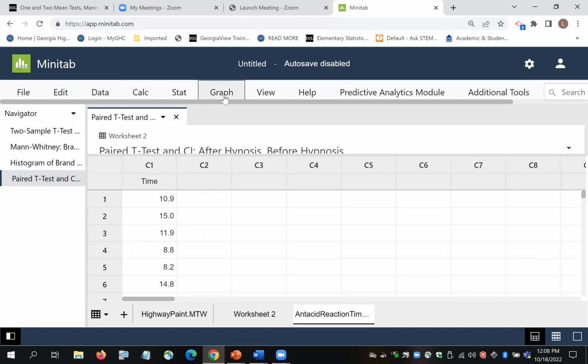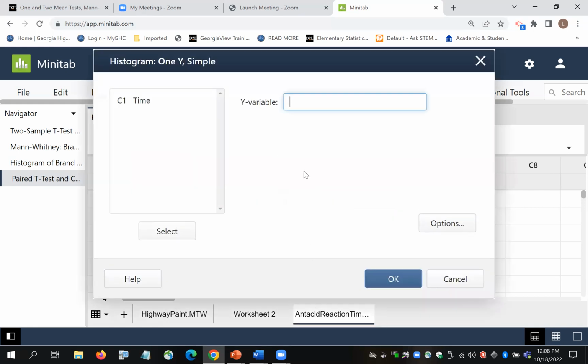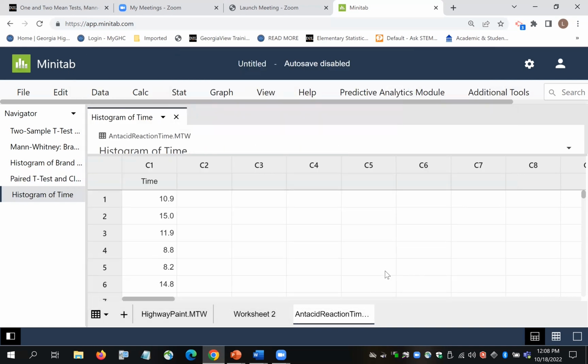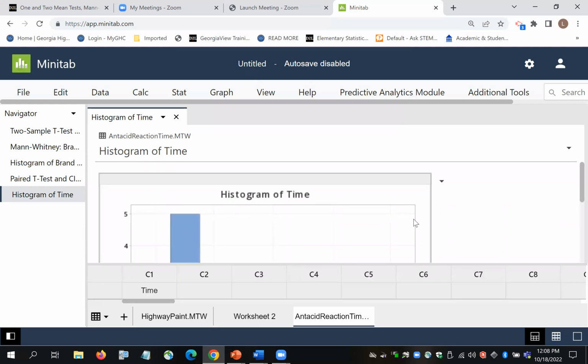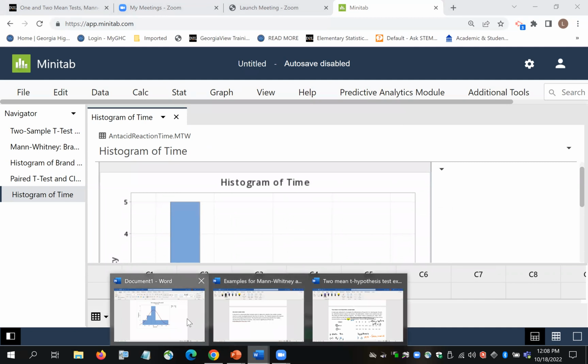And guys, if we look at the histogram of those differences, you're going to see that it's not normal.